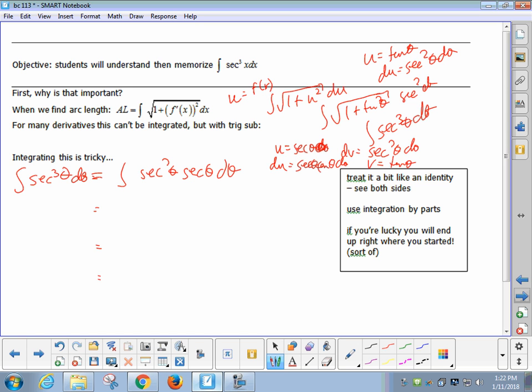Upon integration by parts, the result is secant theta tangent theta minus the integral. What's that integral? Tangent squared, this is my favorite part, tangent squared secant.